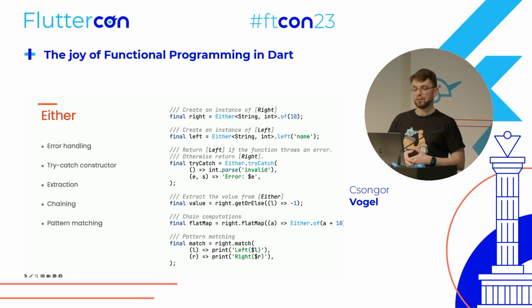It also has a tryCatch constructor, which can help us connect this type with the Future API, and we can use different map functions and extensions to chain these types with other ones. And of course, for destructuring the results from an Either type, we can also use pattern matching.